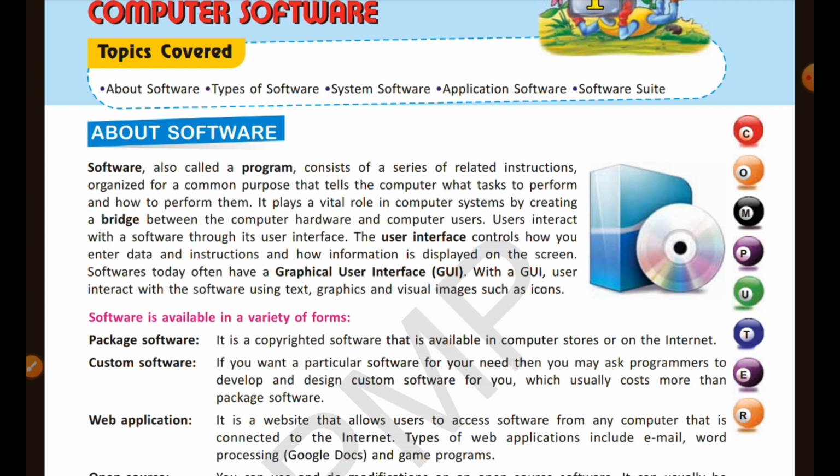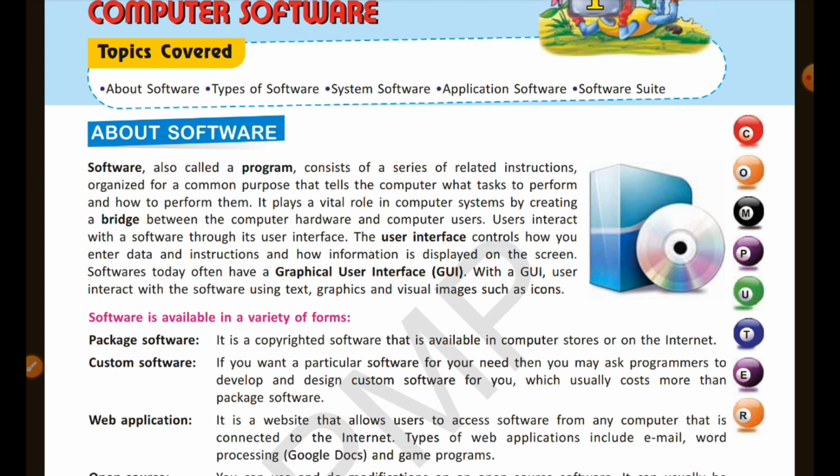Users interact with software through its user interface. The user interface controls how to enter data and instructions and how information is displayed on a screen. Means the user interface controls all the functioning of the computer, how the data is delivered to the user and how the instructions are taken.